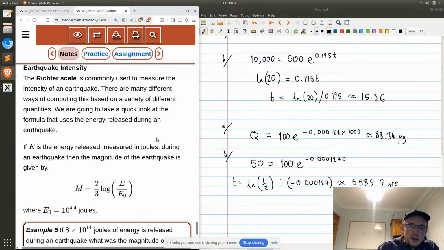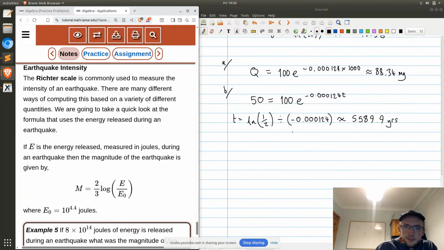Now, this is the one that I really wanted to do because I've never done it. The Richter scale is commonly used to measure the intensity of an earthquake. There are many different ways of computing this based on a variety of different quantities.